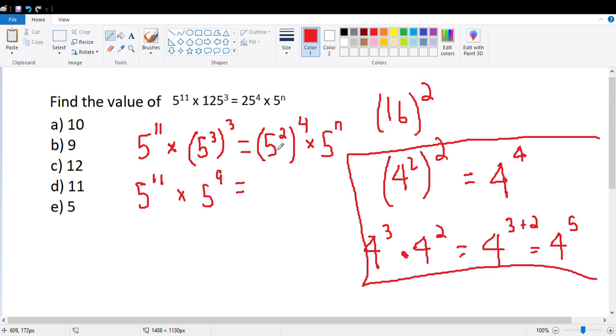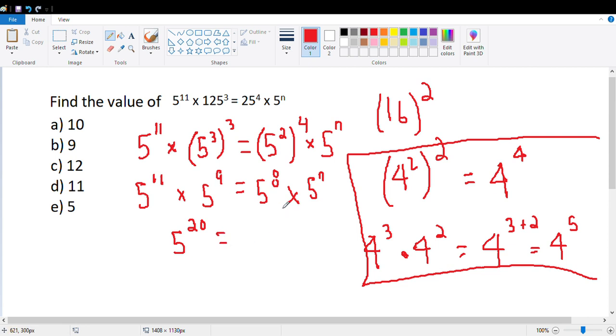Equals, here again we multiply the exponents: 5 to the 8th power, since 2 times 4 is 8, times 5 to the nth power. Now we use the second rule. Since these two are multiplying and have the same base, 5, we add the exponents together: 11 plus 9 is 20, so it's 5 to the 20th power.